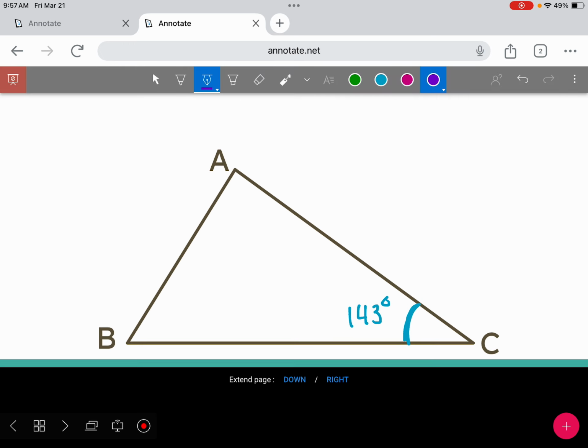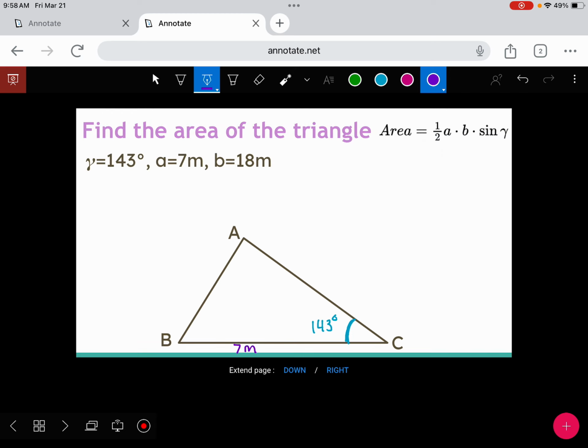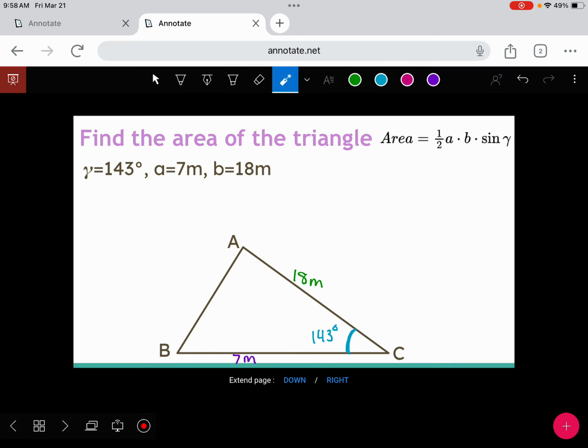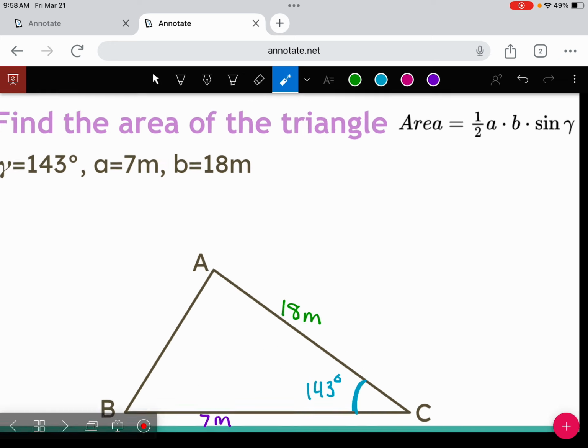Our side A, opposite angle A, that's our 7 meters down here. And our side B, which is opposite angle B, that's our 18 meters here. So again, I could go through, I could find my height, we could do our law of sines to find all those pieces. Using this is going to be easier as long as we have two sides and the angle between.